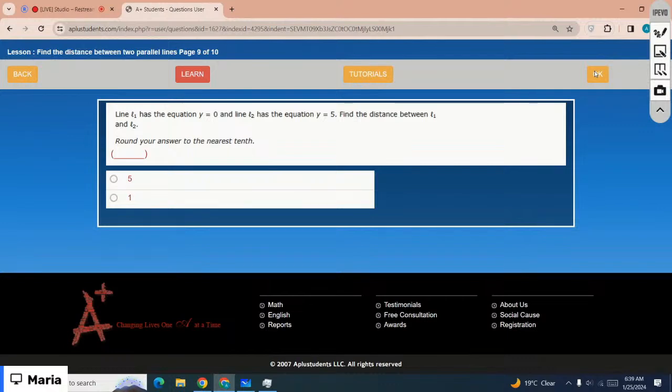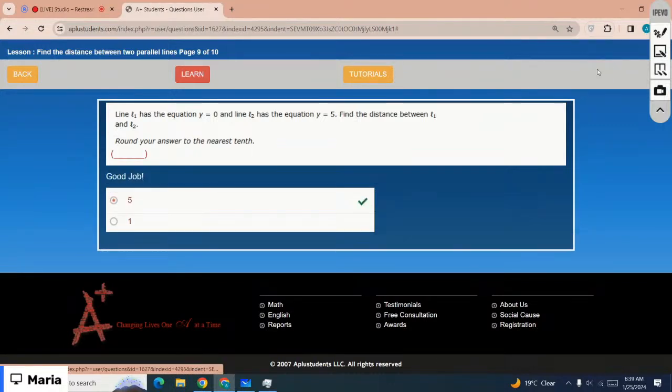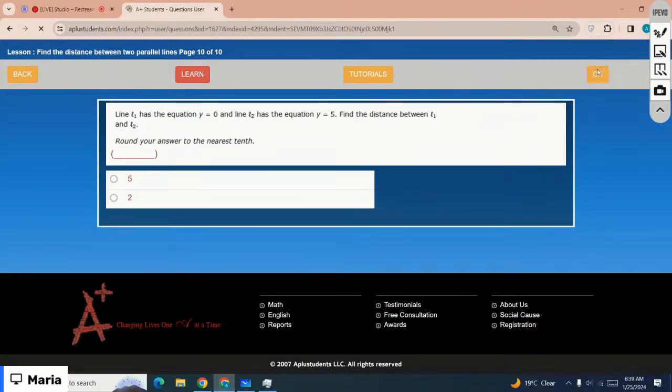Find the distance between L1 and L2. Yes, the correct option is 5. Very good.